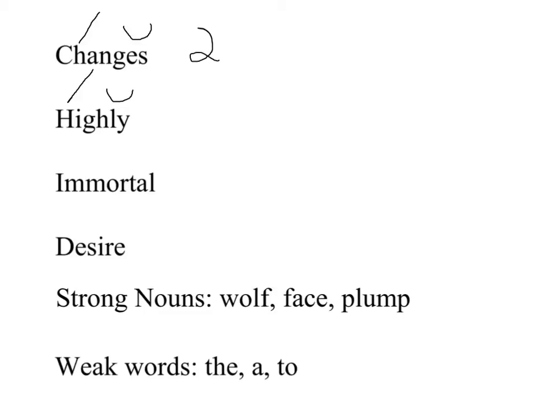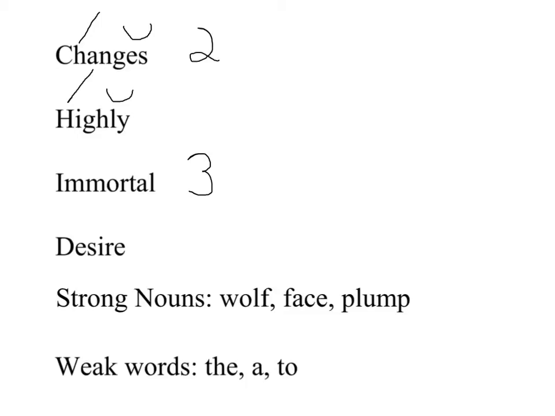The next word is immortal. How many syllables does immortal have? So we would say the word immortal. So this word has 3 syllables. So it would have 3 markings above it. Immortal.